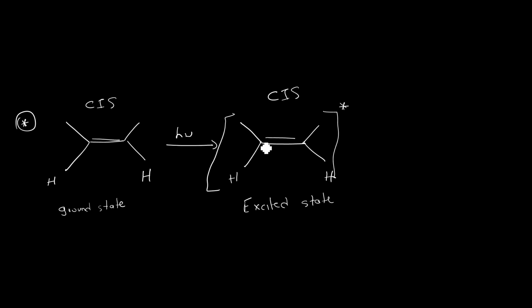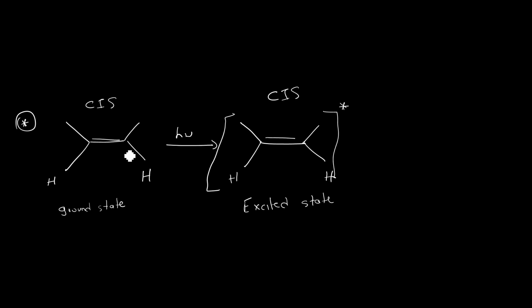Now we have discussed what happens to this pi bond in the excited state in our previous video. If you want to know exactly what happens and how that relates to the weakening of this particular pi bond, I highly recommend you watch that video. I have explained it in a very detailed manner.